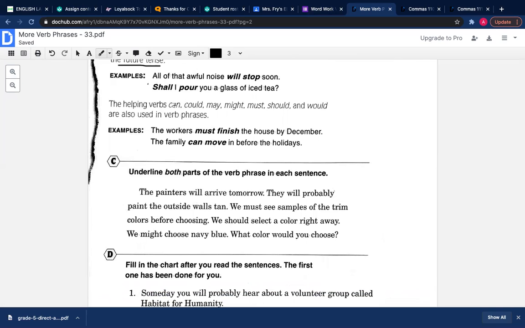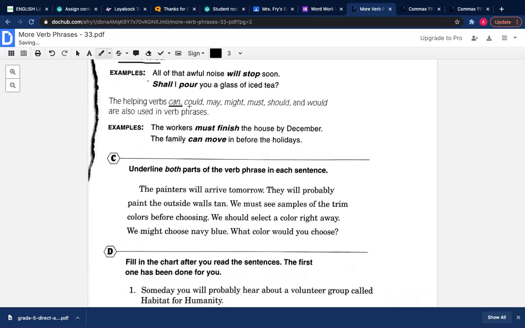Okay? The helping verbs can, could, may, might, must, should, and would are also used in verb phrases. Okay? Examples: the workers must finish the house by December. The family can move in before the holidays. Okay?